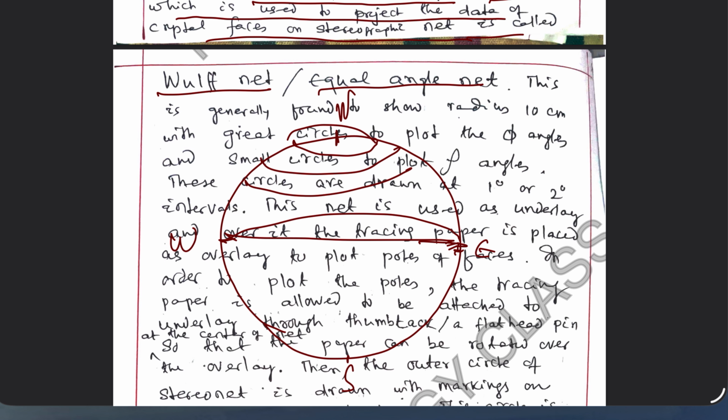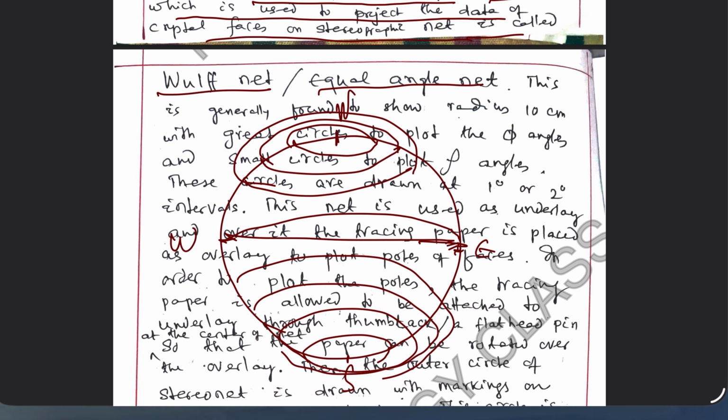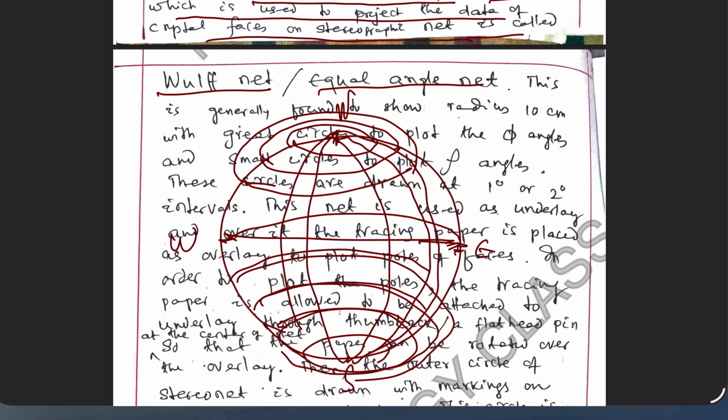These are circles similar to latitude. And we have the lines like this.